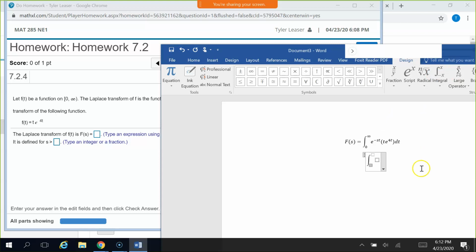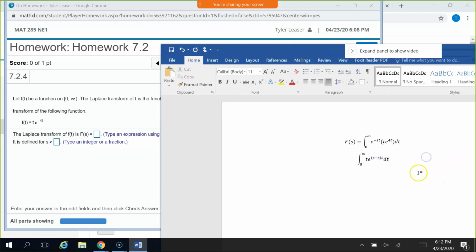All right, so just to simplify this integral, we have two e functions, which when we multiply those together, we're adding the exponents. So moving the t to the front, and then when I multiply those e's together, I have a negative st and a 4t. I think how I'm going to write it is 4 minus s all times t.